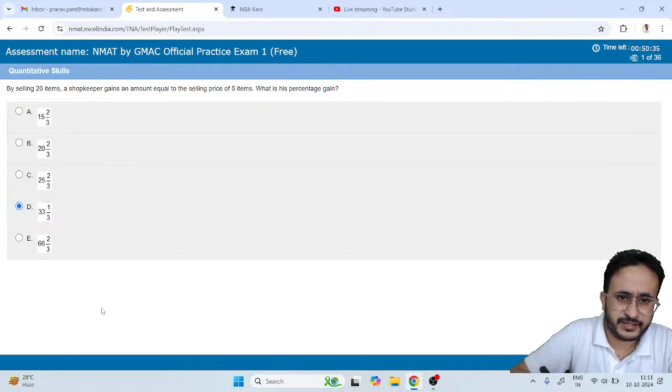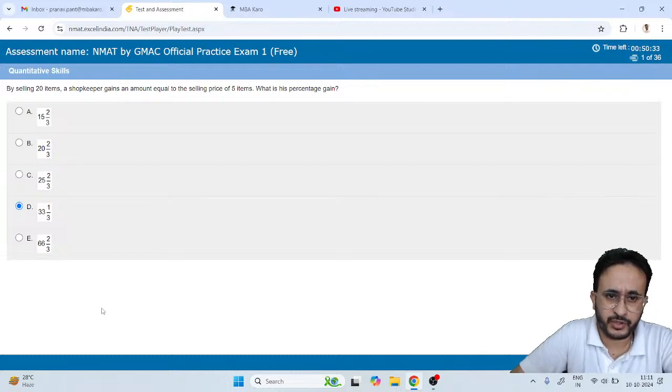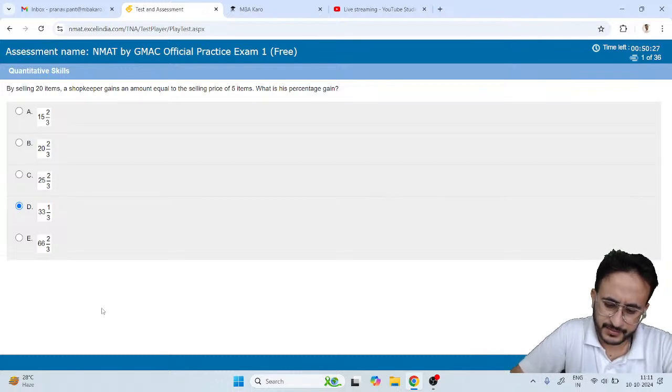He gains an amount equal to the selling price of 5 items. So cost price is 20, the selling price would be 30, and then a profit of 10. But that is the selling price of 20 items, not 5.